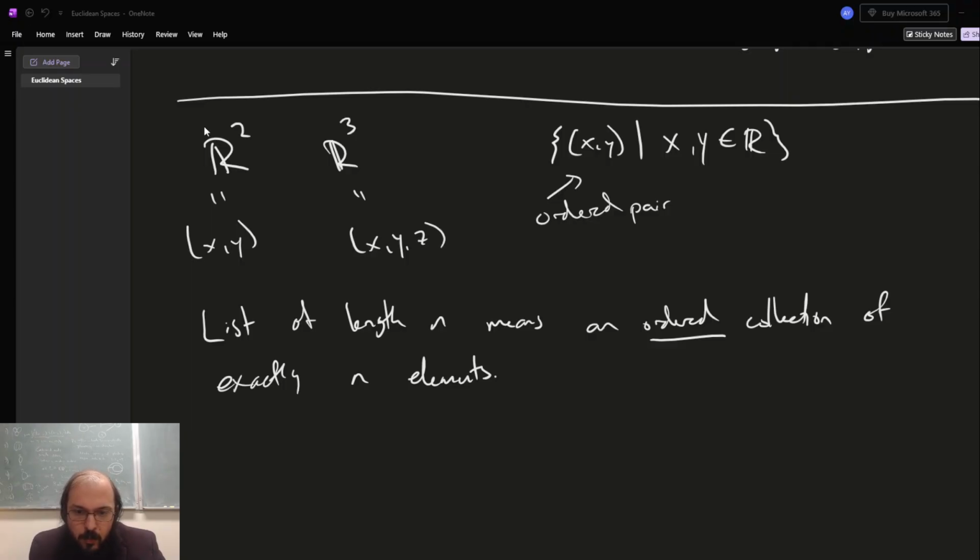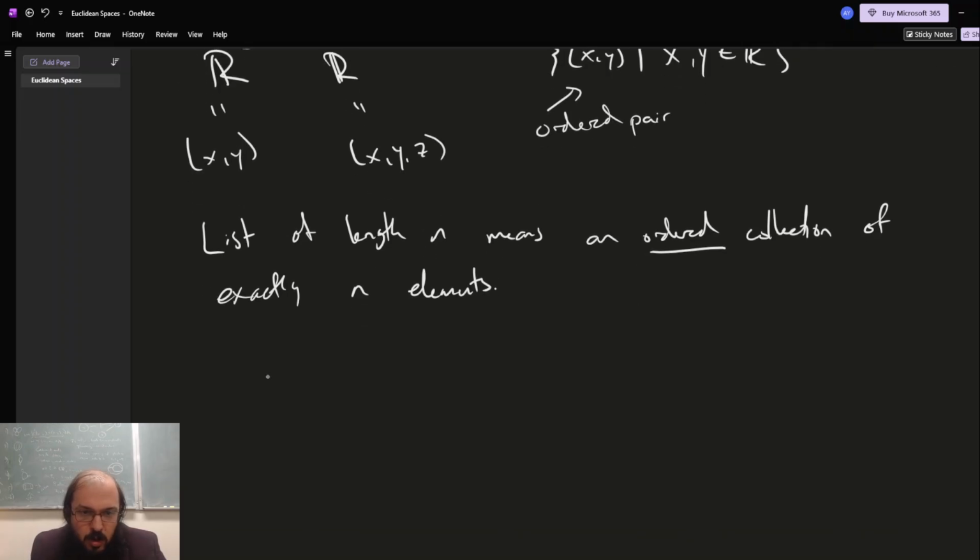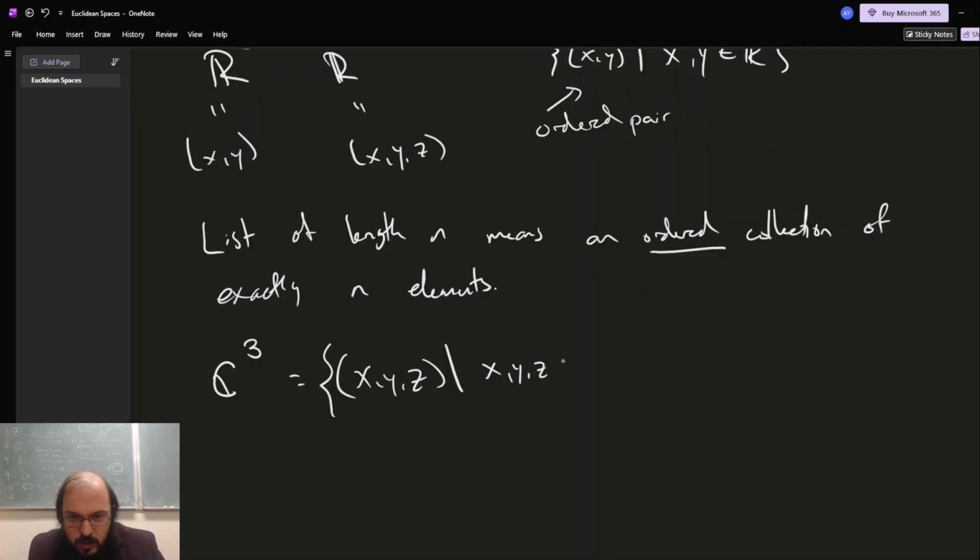So the only thing that we haven't dealt with yet is just the complex part of this, which is that we are also justified in thinking about things like C3, which consists of, well, maybe I can use x, y, and z again, since I don't have too many other choices for letters, where each individual element is a complex number.